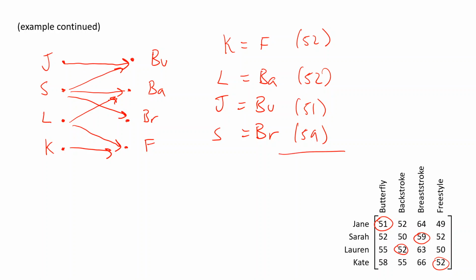If we add them all up, they'll be 214 seconds, and that is our expected time. It's 214 seconds. So you can line them up and add them any way you like. Set that out any way you like. But that's the Hungarian method.